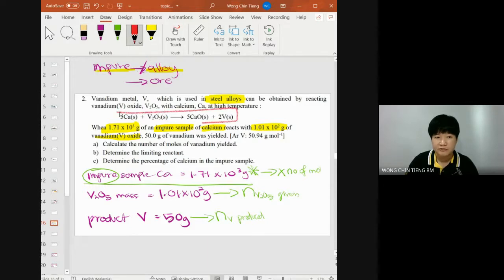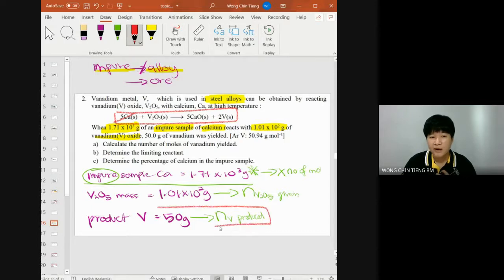Tapi ratio calcium tak boleh guna. Kenapa ratio calcium tak boleh guna? Because I don't have the number of mole. So saya tak boleh guna dulu calcium at this moment. Kalau saya tak boleh guna calcium at this moment, who can I use? Vanadium. Why can we use vanadium to compare with V2O5?